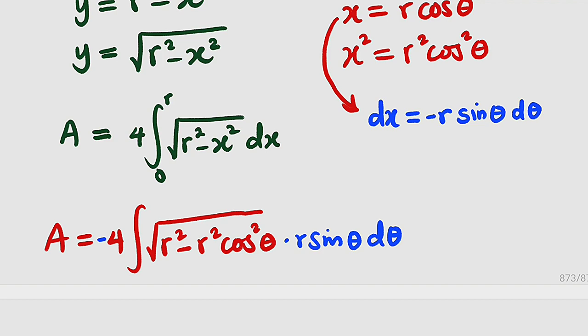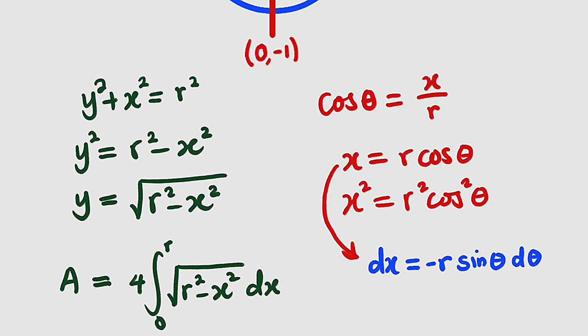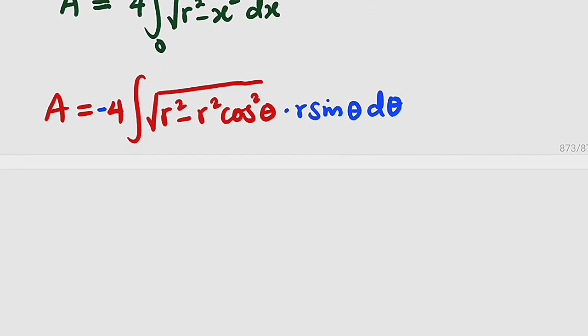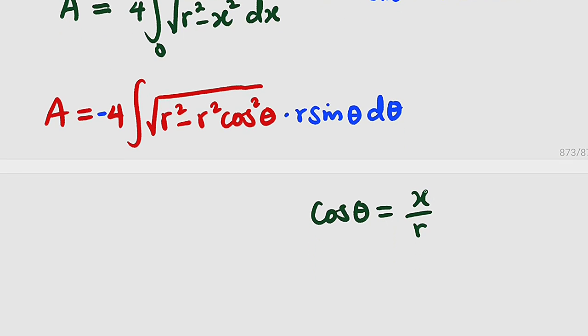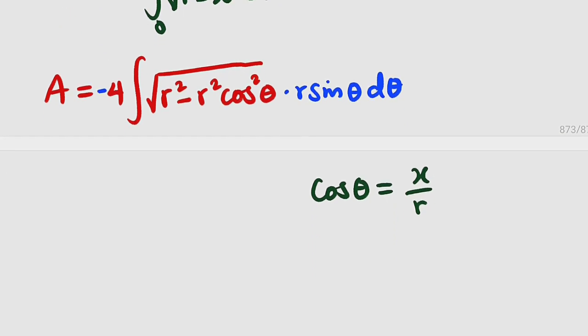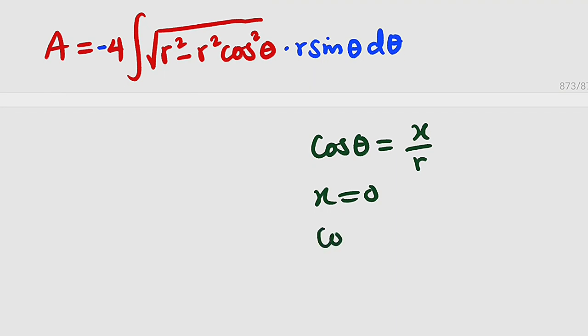So what about the boundaries? We can use this equation: cos theta is equal to x divided by r. So let me bring it down here. Cos theta is equal to x divided by r. Remember, when x is 0, we are going to substitute it here to find theta. So when x is 0, what do we have? We have cosine theta equal to 0 divided by r, which is 0.